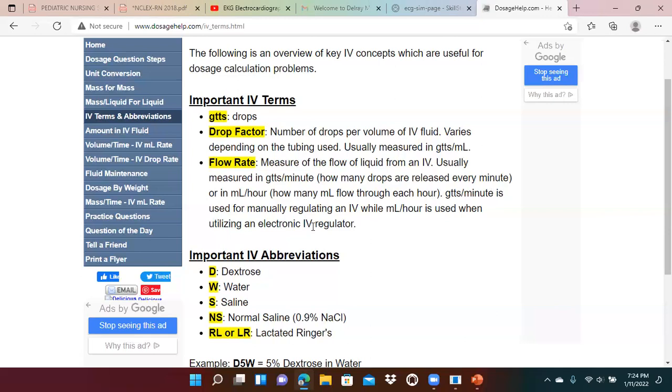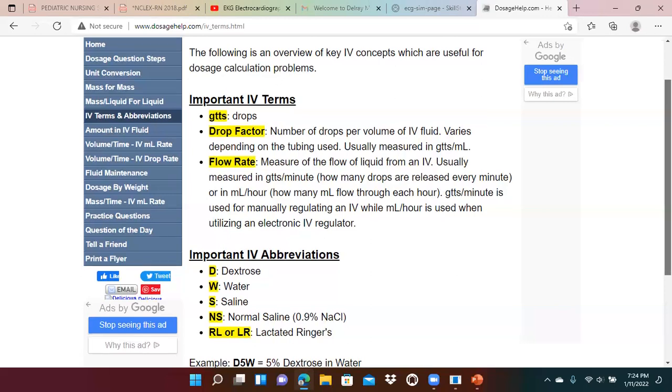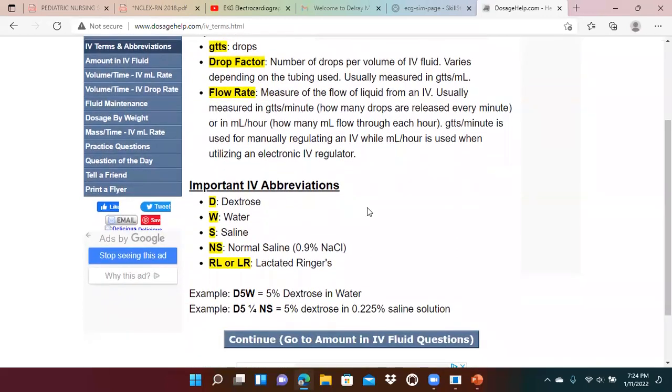GTT per minute is usually for manually regulating an IV, while ml per hour is used when utilizing electronic IV regulators.